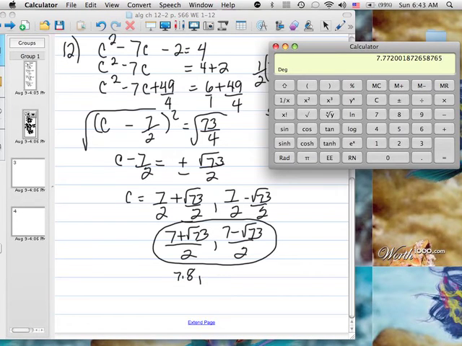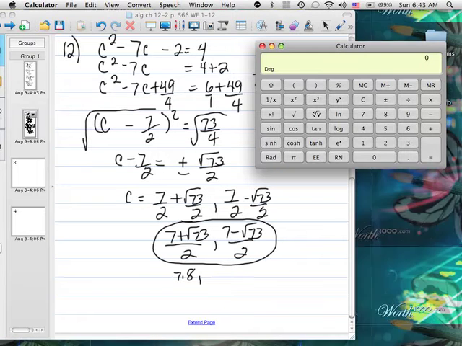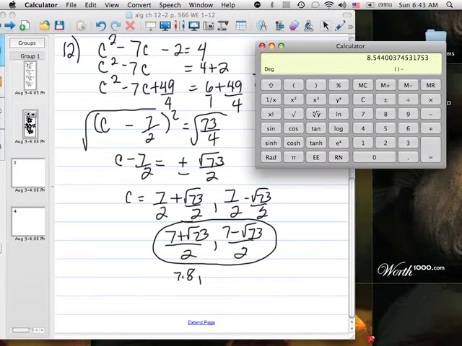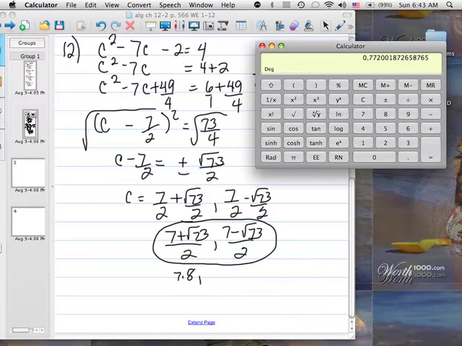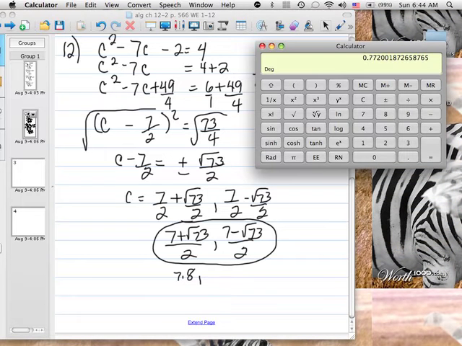And then the second possible answer, we have 7 minus the square root of 73, parentheses, divided by 2. And the other one is 0.7. Excuse me, 0.8.